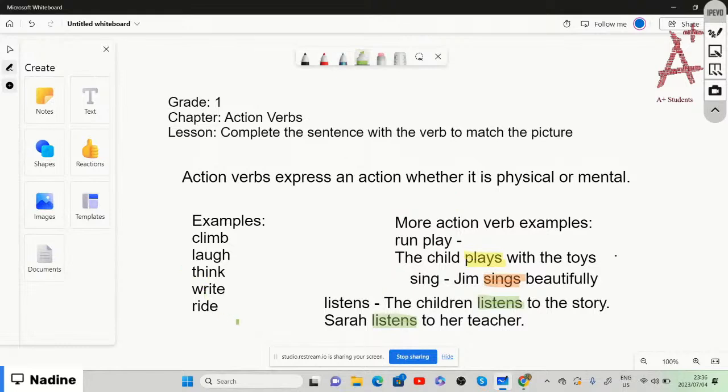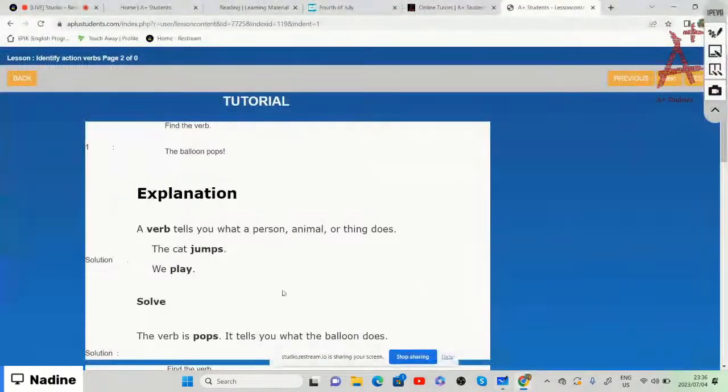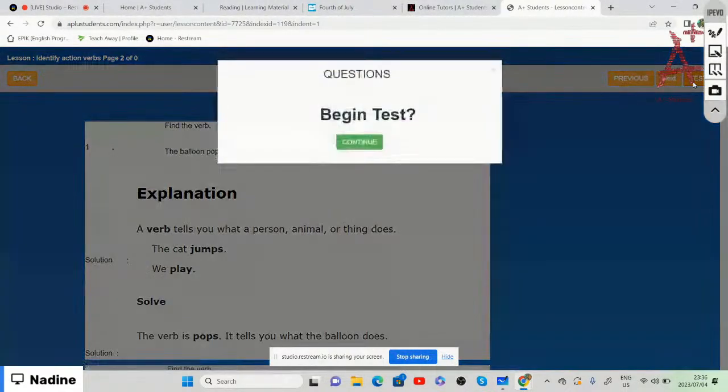Because then it will also show that you do know how to not only identify it, but also how to create a sentence with it, right? All right, so let's go back to our tutorial. So now we have identified the action verbs within our sentences that we also created. So let us go and do a little test.